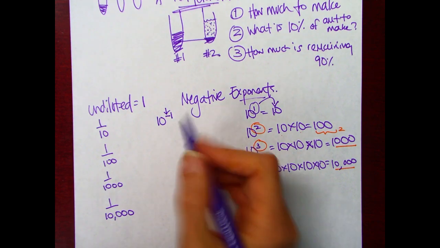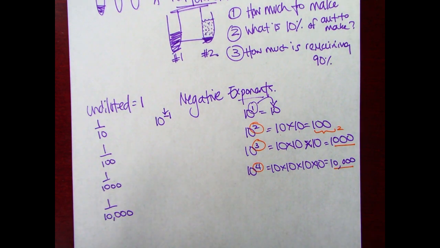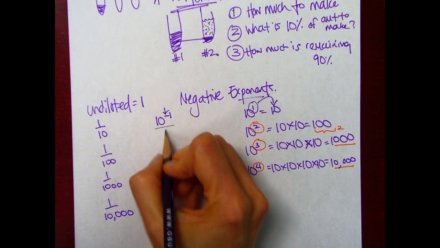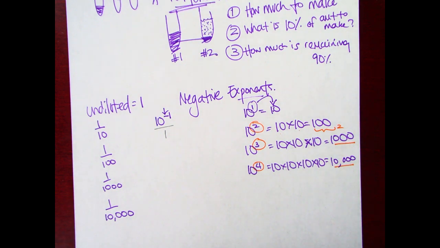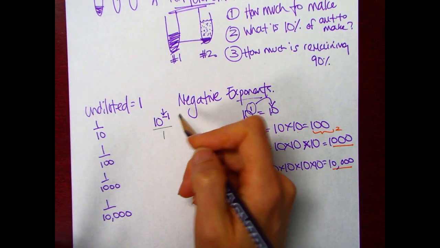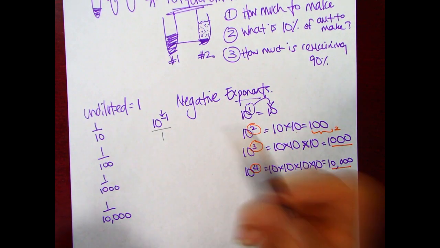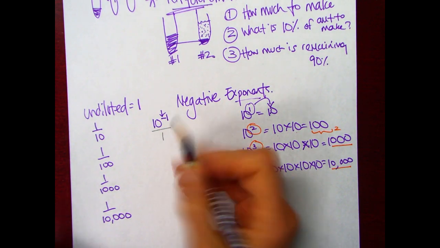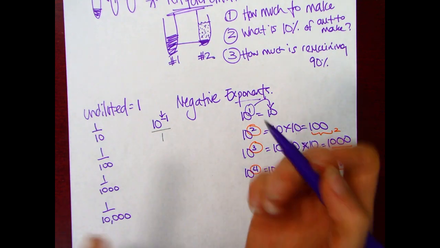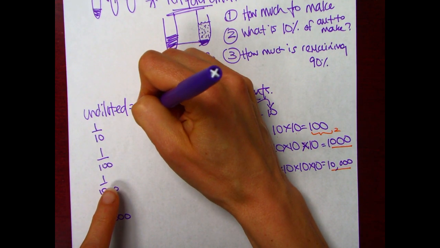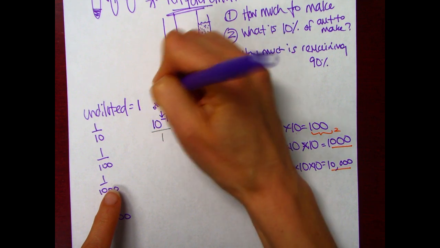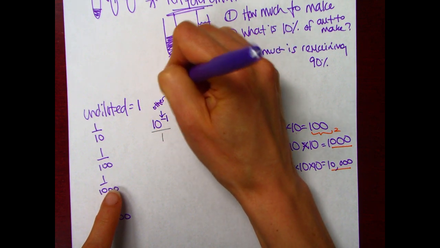Any number can always be written as a fraction over the number 1. Not imaginary like the i, just imaginary like you can't see it, but it's really there. So 10 to the minus 1 can be thought of as 10 to the minus 1 over 1. Then the negative exponent tells us that this number goes to the other part of the fraction.